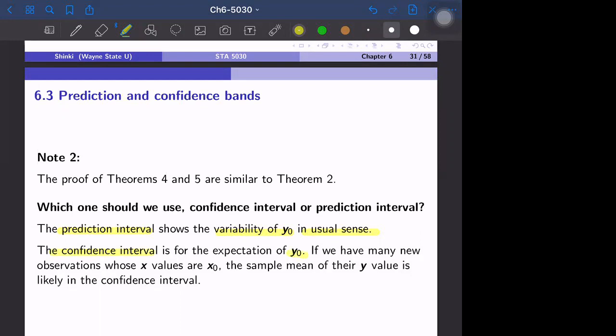If we have many new observations whose x values are x naught, then the sample mean of their y values is likely to be in the confidence interval. That is the difference: the prediction interval is for observations, and the confidence interval is for the regression line.